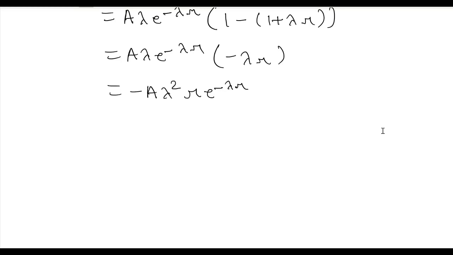Now after finding the gradient of the scalar function, we dot it with the vector function. Because it's only the radial component, we just took the derivative with respect to r, and we need to use the r hat as usual.